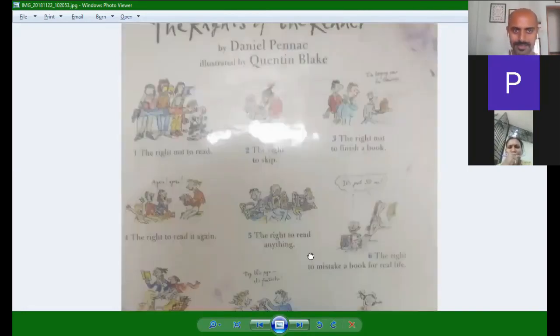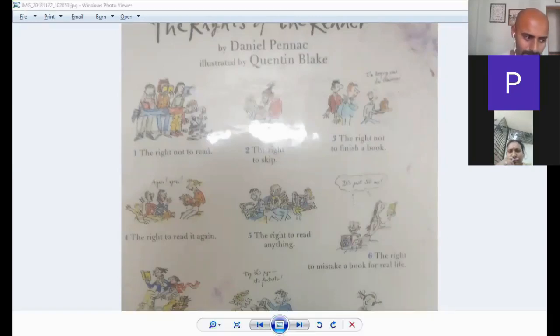So the question about preschoolers, how do you introduce reading to preschoolers? Introducing reading to preschoolers, you have to keep it in mind that this is the first attempt.